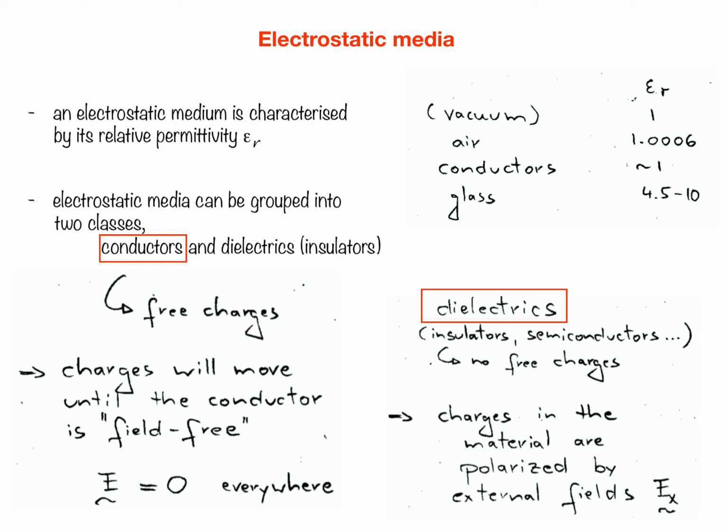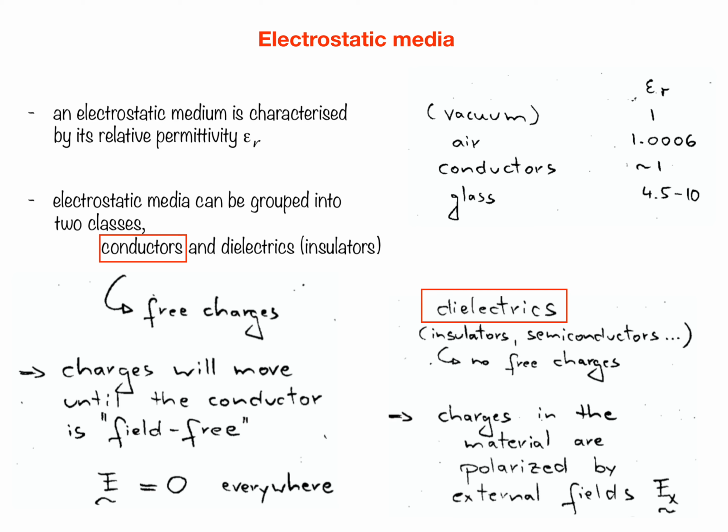Every electrostatic medium, every electrostatic material can be characterized by its constitutive parameter, the permittivity constant epsilon. Epsilon is the product of the permittivity constant of free space times the relative permittivity epsilon r.